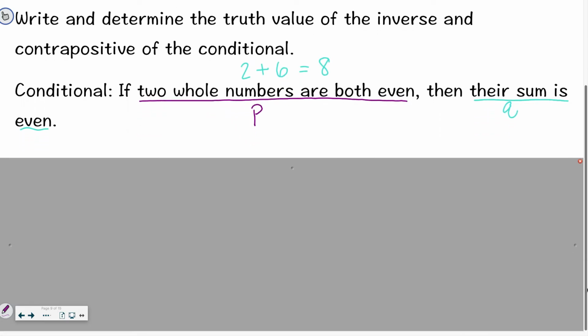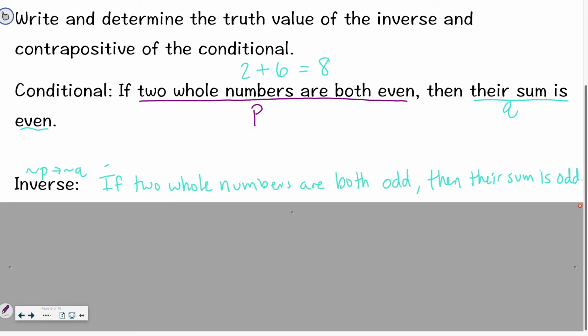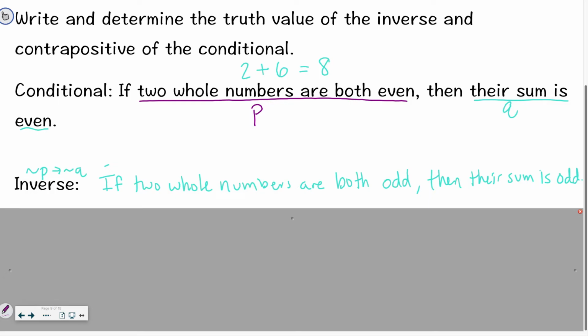Now, remember the inverse is when I keep the order the same, so P first, Q second, but I negate it. So my new statement would be, if two whole numbers are both, I could say not even, or another word for not even would be odd. So I'm going to use odd. If two whole numbers are both odd, then their sum is odd. That would be my statement.